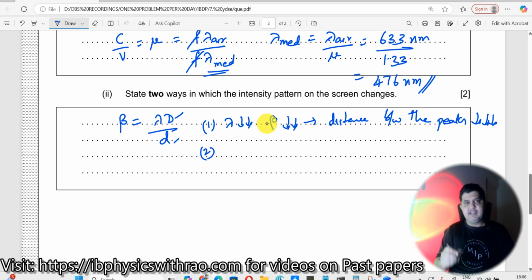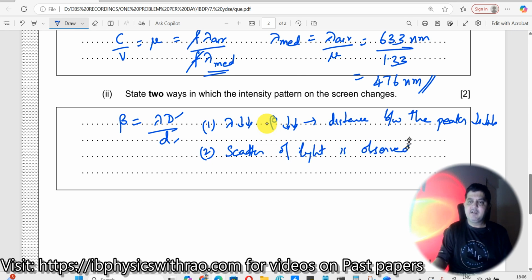Secondly, now the entire wave is not only coming inside air, it's coming inside water also. When it comes to water, what will happen? It's in a different medium, right? When it enters a different medium, automatically a lot of scattering will be seen. So scattering of light is observed more in water.